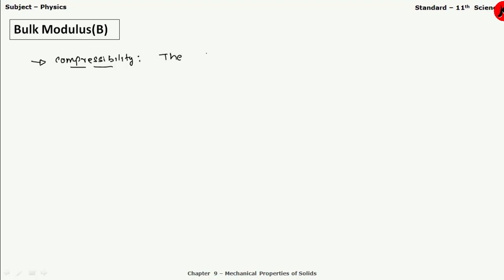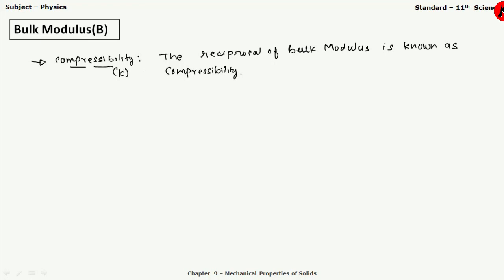The reciprocal of bulk modulus is known as compressibility, and compressibility is defined by symbol small k. So k equal to 1 by B, right?